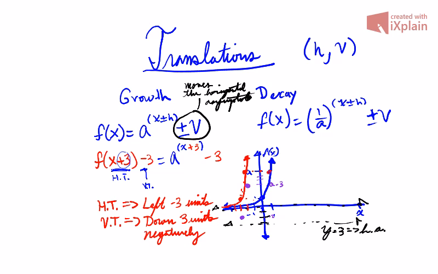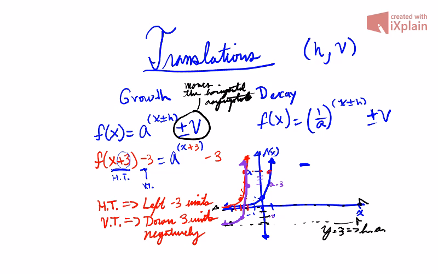And 1 goes over 3 too, and goes down. Well, we already did it, so that's 1 originally. So what happens is the function's going to converge down towards y equals negative 3 and then go up like that.